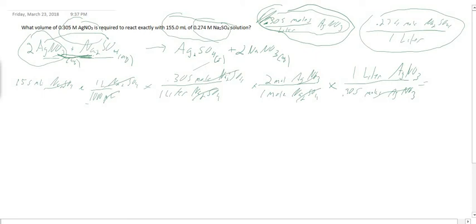So I have 155 divided by 1,000 times 0.274 times 2 divided by 0.305, and what I'm left with when I do all that is 0.278 liters. It's going to be 3 sig figs, and if I want I can convert that back to milliliters, where I have 278 milliliters.